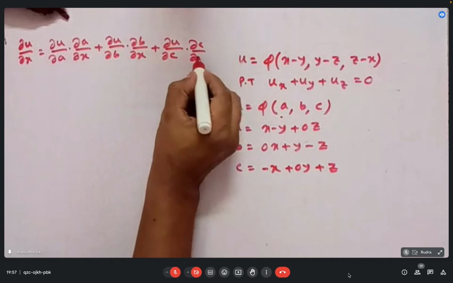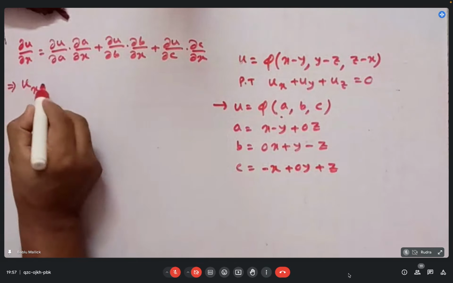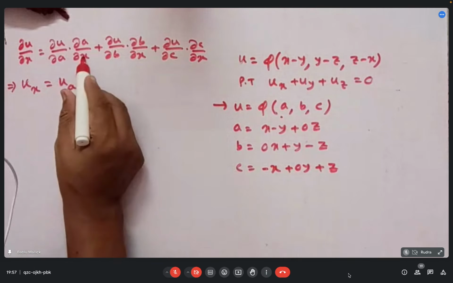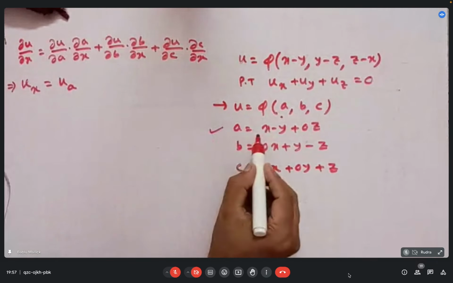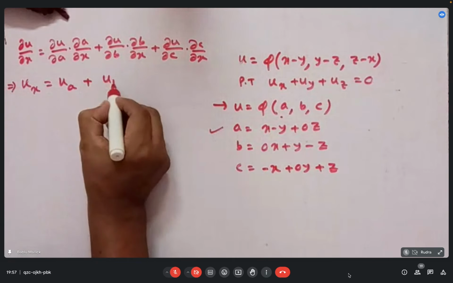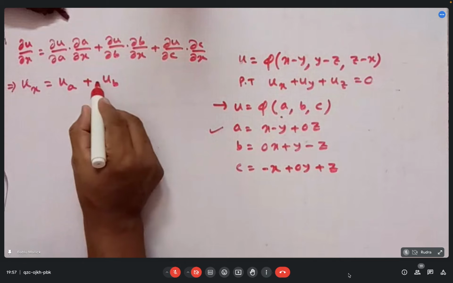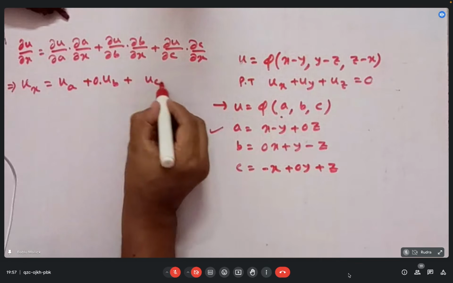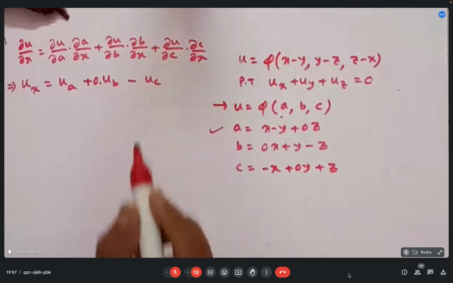So ultimately ux is equal to del u del a times del a del x, which is 1, plus del u del b times del b del x, which is 0, plus del u del c times del c del x, which is minus 1.